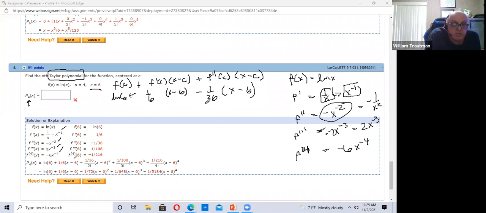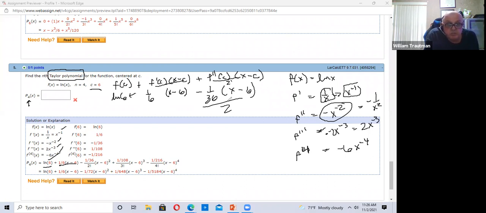And if you look, here's our series. This natural log is our first one, 1/6 times x minus 6. Oh, I forgot, don't forget, here it was 1 factorial, but here there's a 2 factorial on bottom. So 2 factorial is 2.